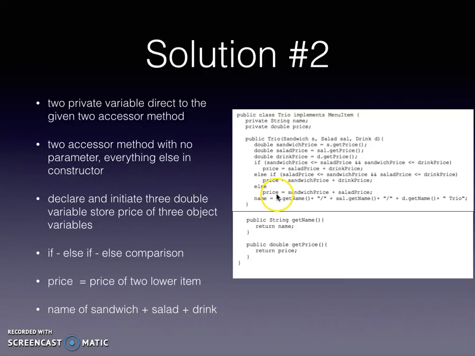We can see that the accessor methods are really simple, just return name and return price, and all the other code from the accessor methods of the previous example is put into the public Trio constructor with no separation.